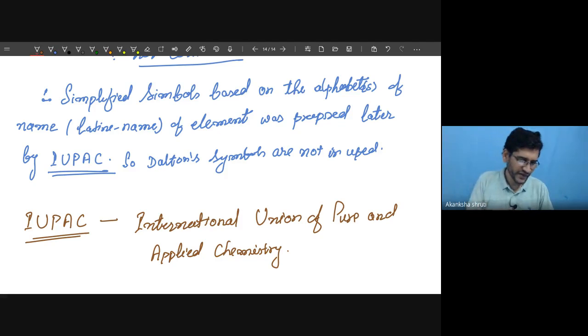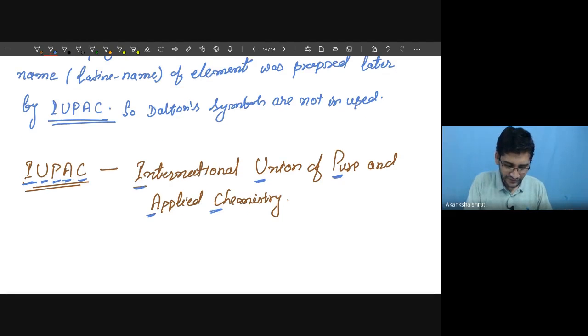Here I stands for International, U for Union, P for Pure, A for Applied, and C for Chemistry. So this is what IUPAC is, an entity or organization.